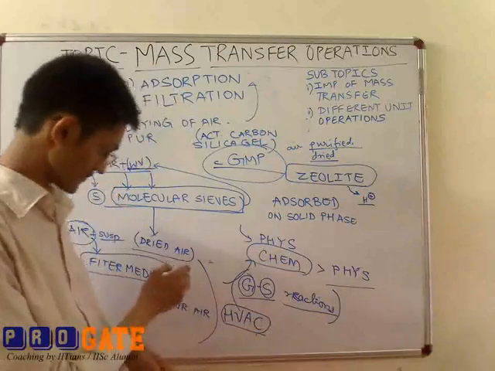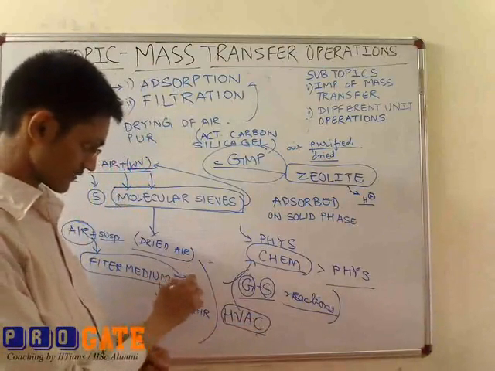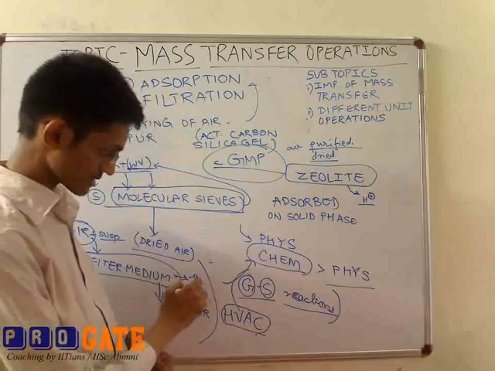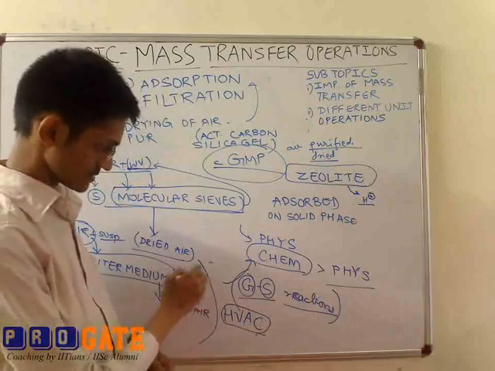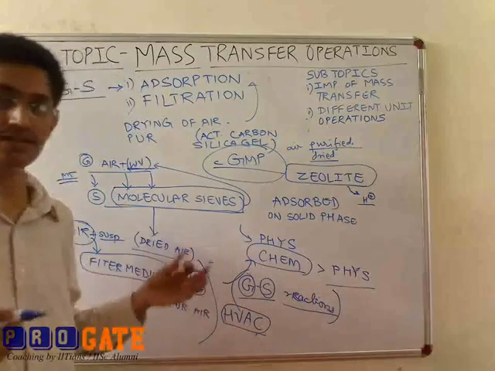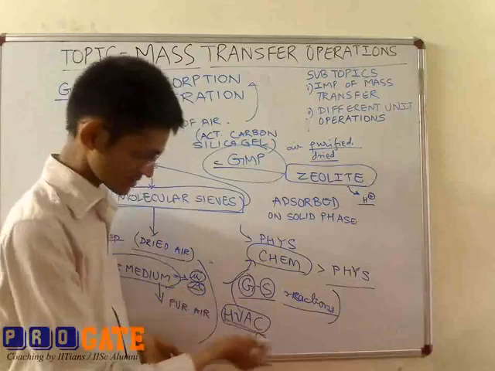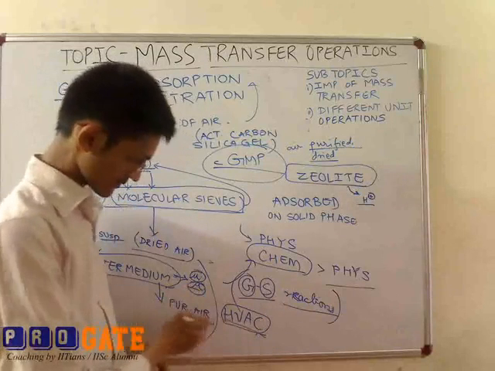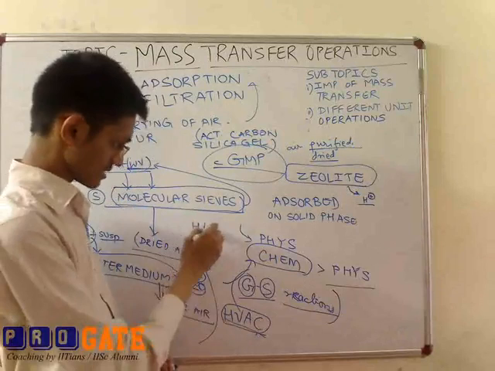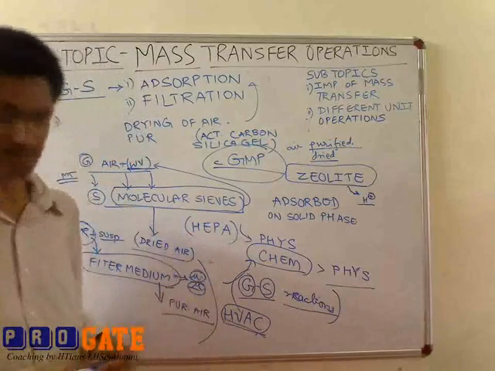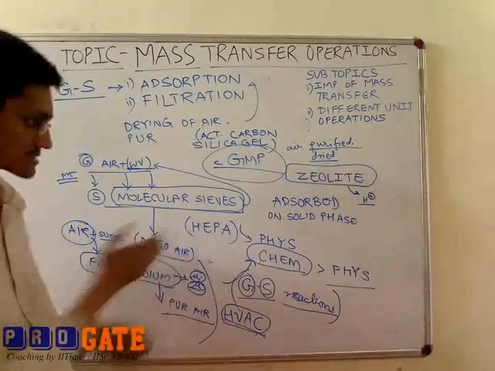You first go for a filter medium, again this would be a porous material of different pore length, pore size. So again first you would remove the coarse particles and then the fine particles, and hence you get the purified air. This is made using HEPA filters, which mostly the pharmaceutical industries and food industries make use of.